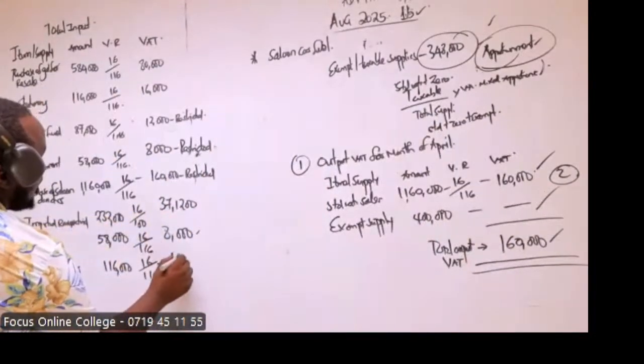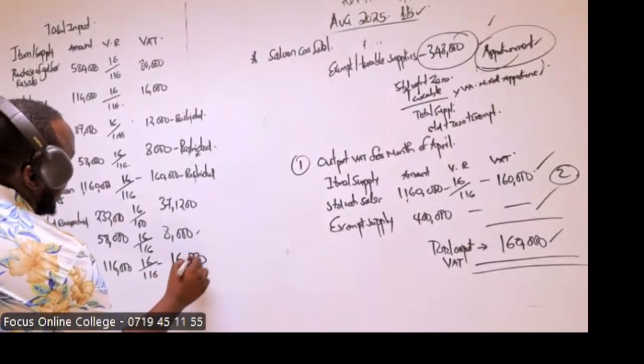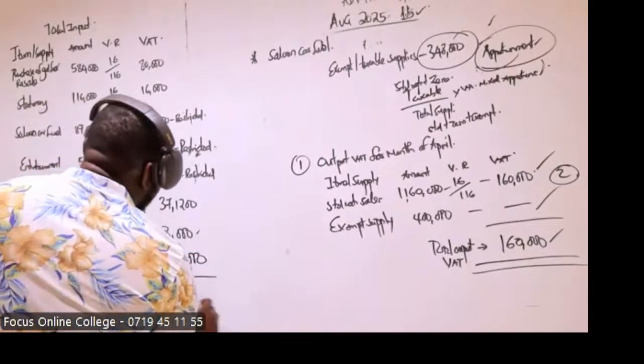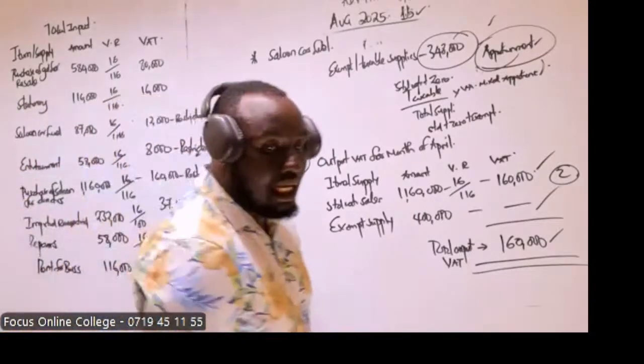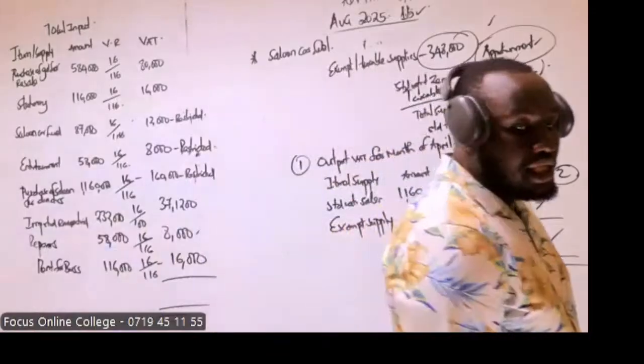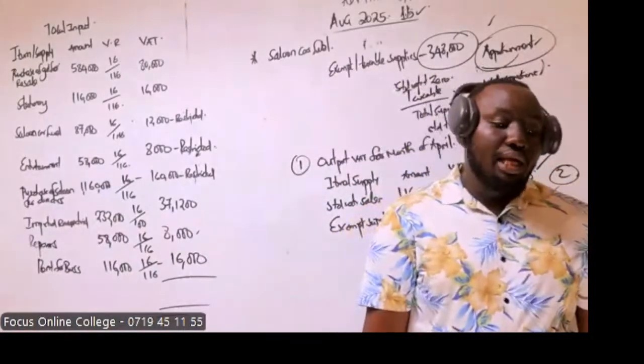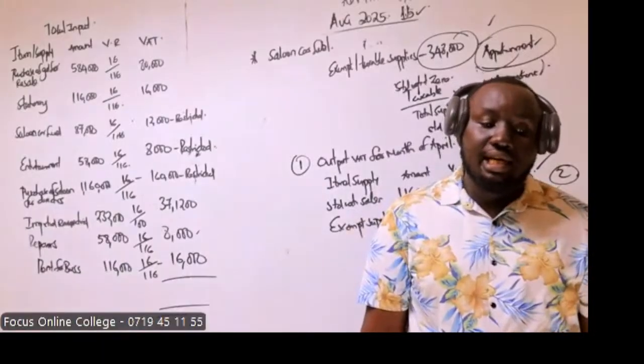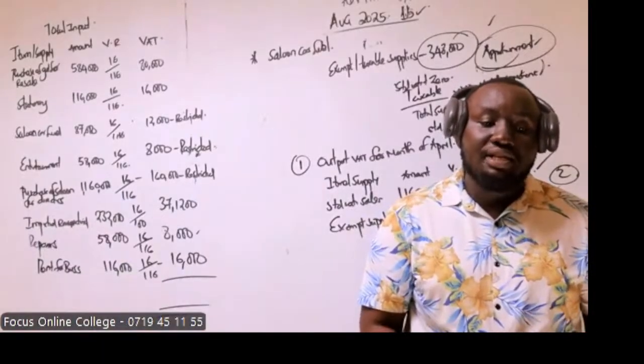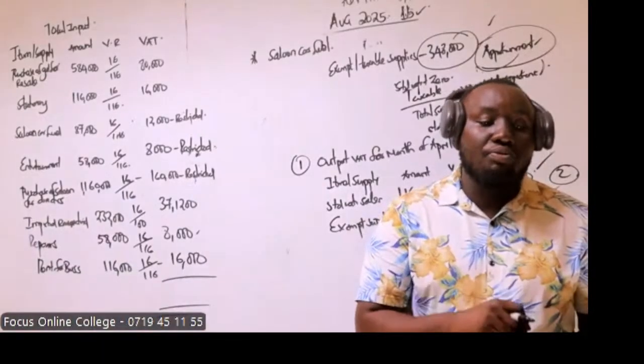When you talk about restricted, based on the VAT Act of 2013, we are saying they are expenses that we cannot offset against the output VAT, and we call them the non-deductible input VAT.